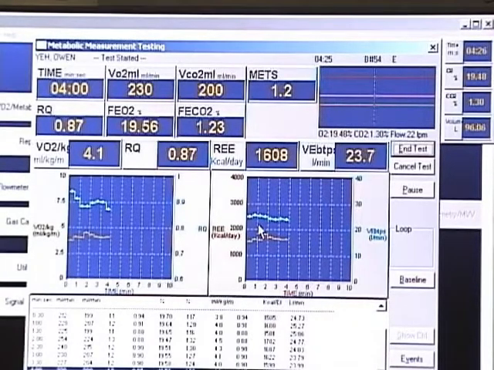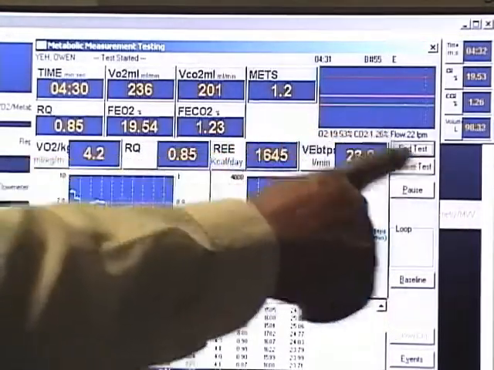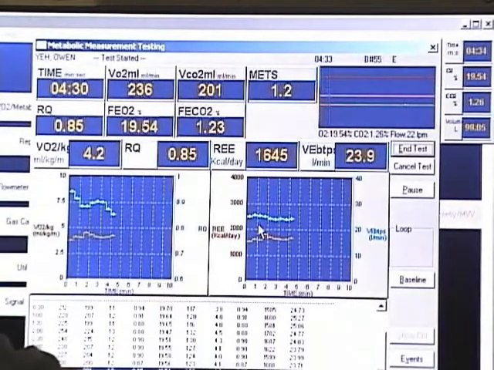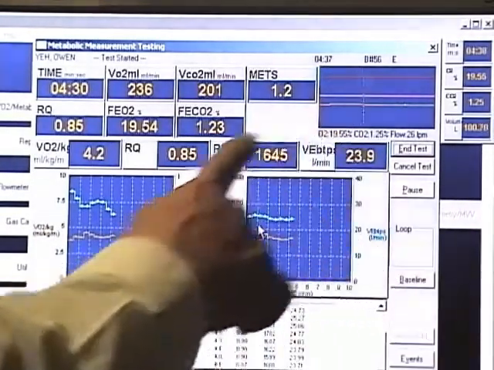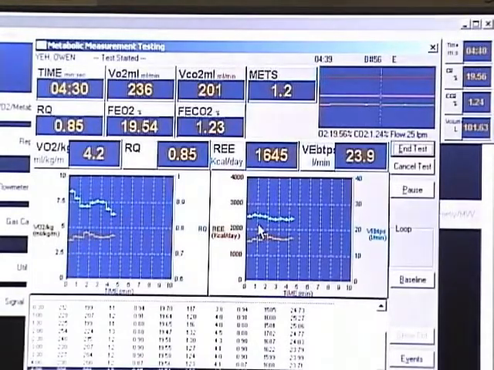So in this case, I will give it about 20% or more air, and increase the flow from 22 to 25 or 26. Expect the CO2 to be diluted around 1.0.